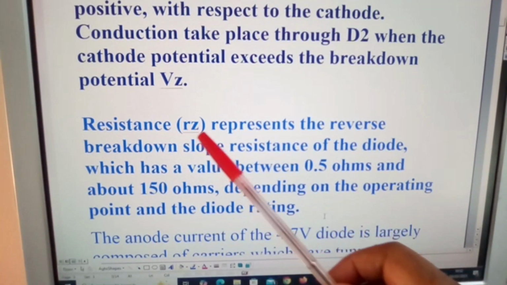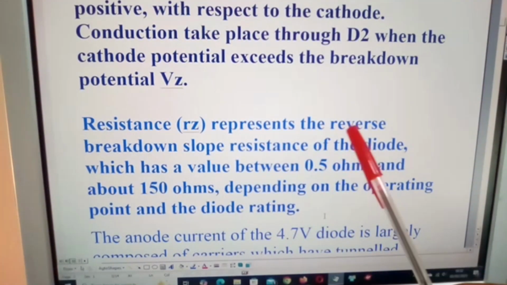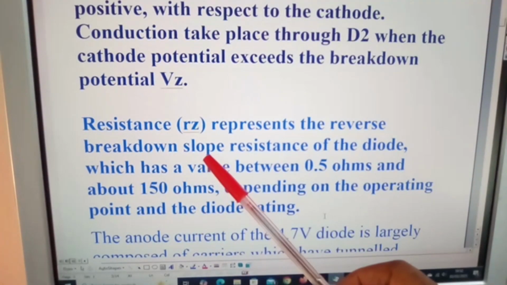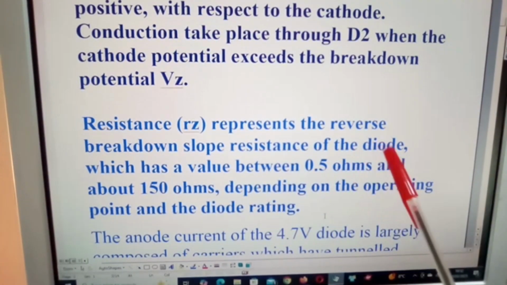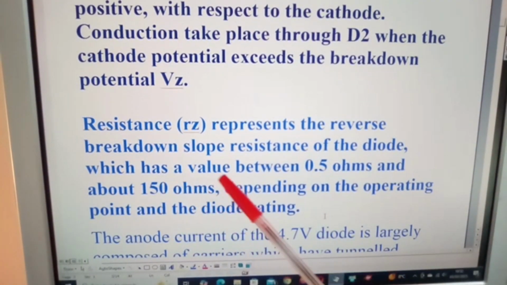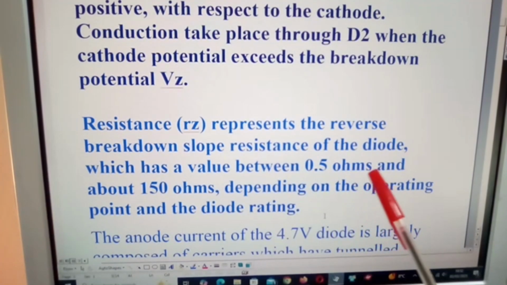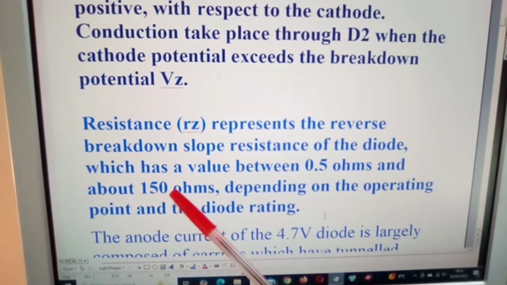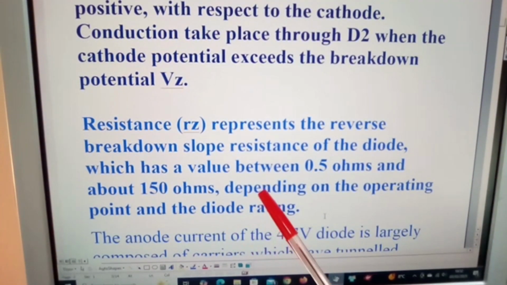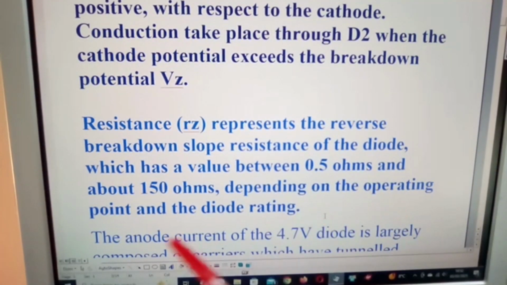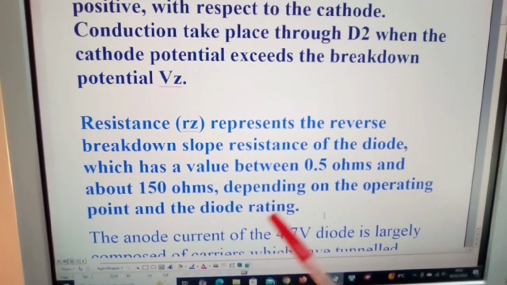Resistance Rz represents the reverse breakdown slope resistance of the diode, which has a value between 0.5 ohms and about 150 ohms, depending on the operating point and the diode rating.